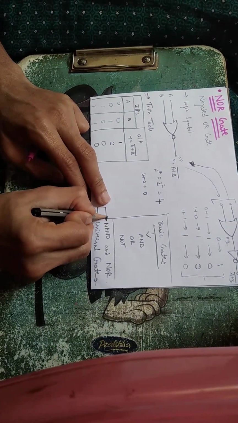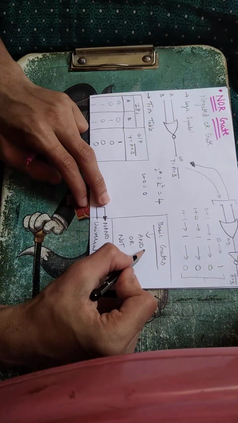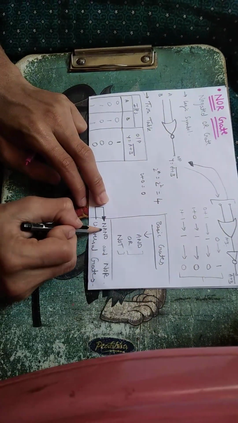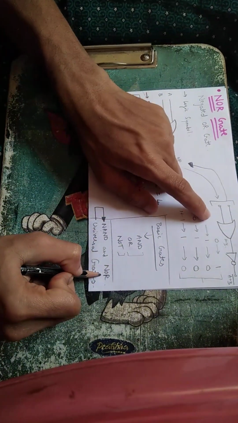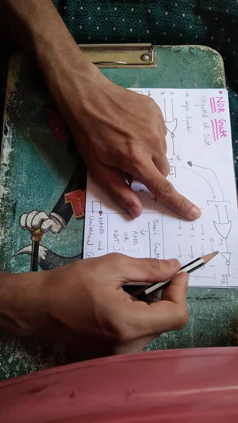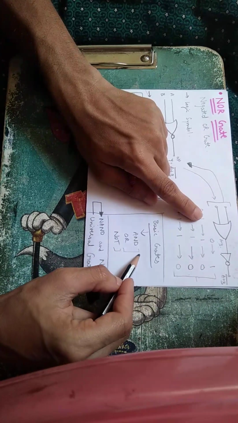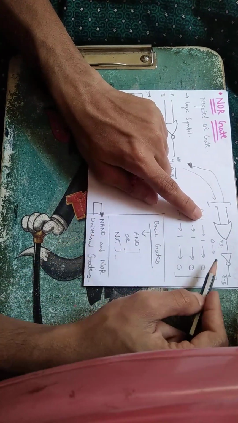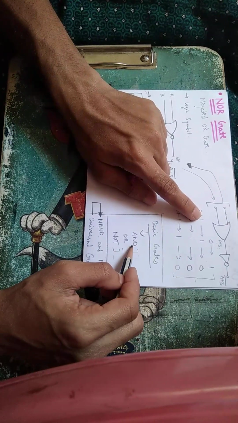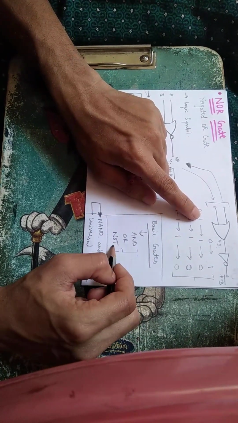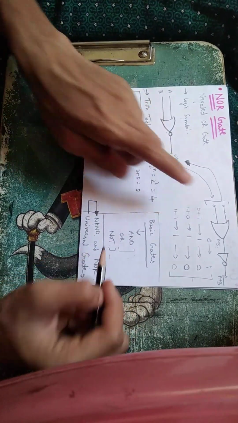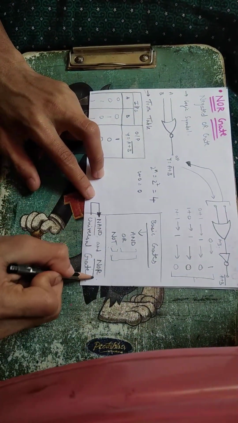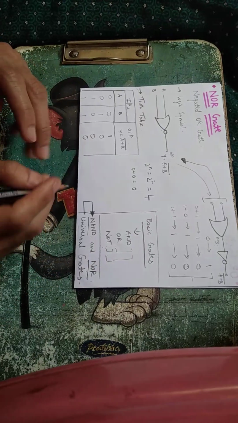Why they are called universal gates is because using AND, OR and NOT, you are constructing NAND or NOR. You are constructing NOR by using these basic gates itself, and you are constructing NAND by using these basic gates itself, that is AND, OR or NOT. So these three are called basic gates, and these two, NAND and NOR, are called universal gates.